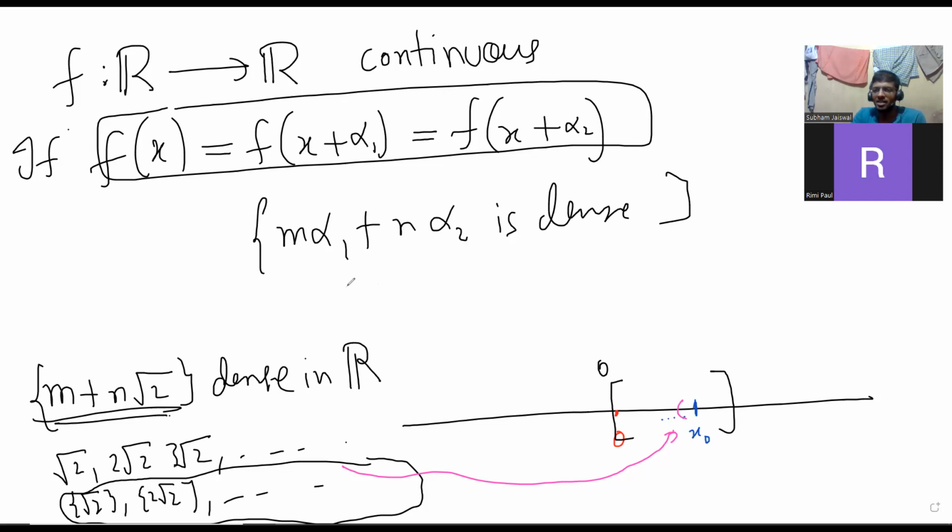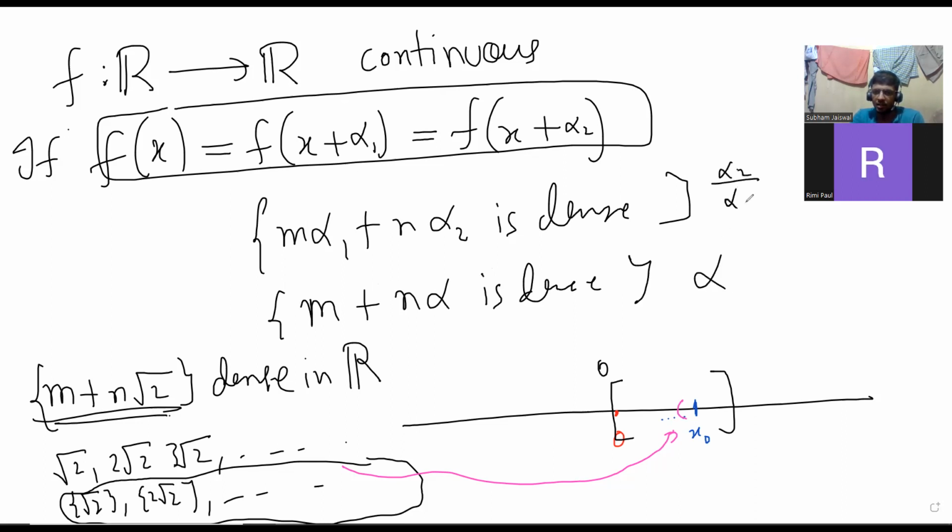We have shown something like this: m plus n alpha is dense, where alpha is irrational, and here the ratio is irrational. So if this is dense, it is the same thing as this divided by alpha 1 being dense.